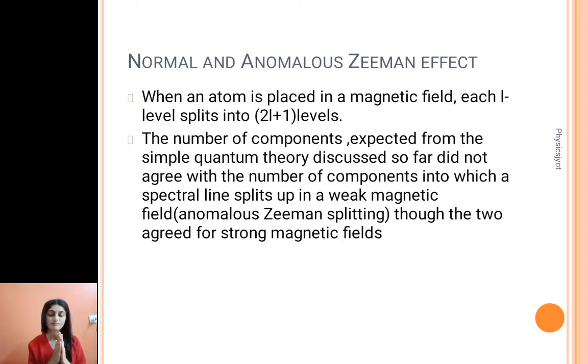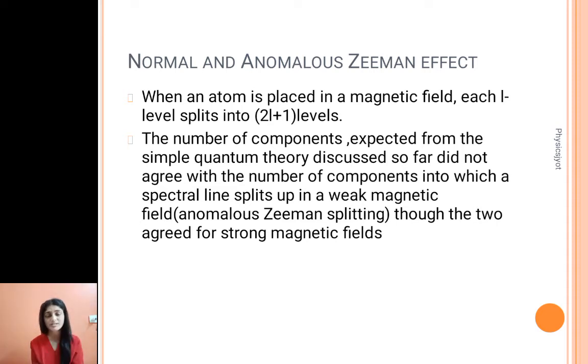If the magnetic field is strong, then whatever number of components we get, they agree with the experimental data. But if the magnetic field strength is weak, the experimental values and theoretical values do not match. What happens in the case of weak field strength is called the anomalous Zeeman effect.